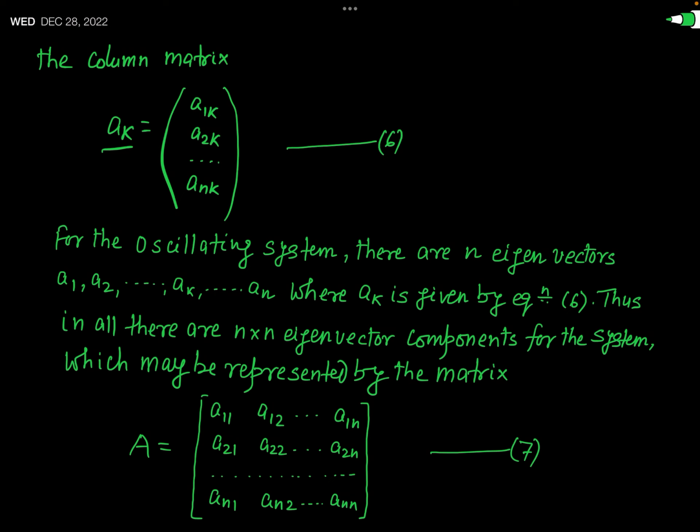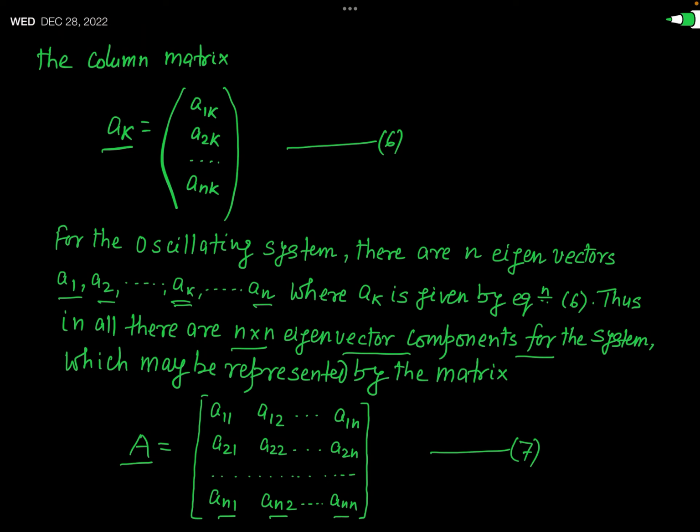So you can see that each a_k has n values, and there are n eigenvectors. As a whole, there are n by n eigenvector components for the system, and those can be written as the matrix A equal to a_11, a_12, and so on, up to a_n1, a_n2, and so on, a_nn. So for the oscillatory system, there are n eigenvectors a_1, a_2, up to a_n, and each a_k has n values.